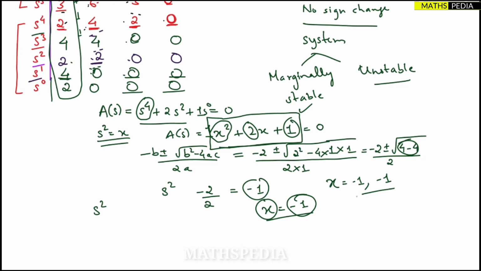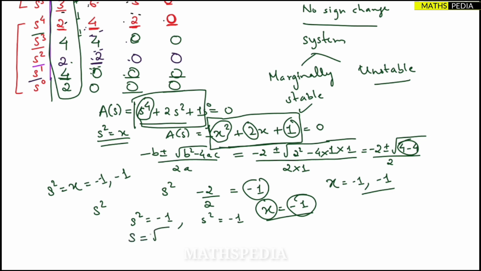Now, we have to find this for the equation in s power 4. So s square is nothing but x, which is equal to minus 1, comma, minus 1. So I can write s square as minus 1 and s square as minus 1. So what is the value of s? s will become square root of plus or minus minus 1, and here also s will become square root of plus or minus minus 1.